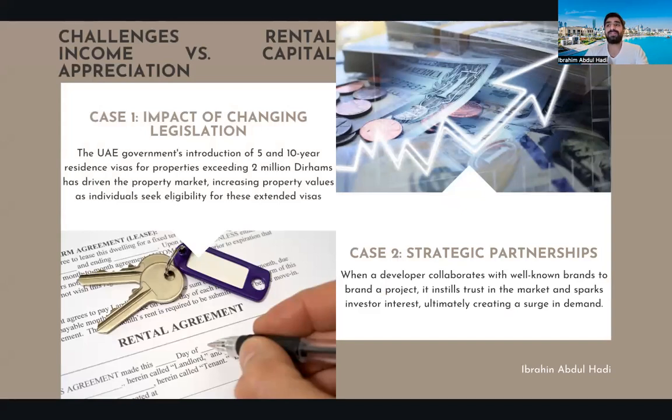When we talk about these three aspects, due diligence, the partnership, and the market research, we need to know about the challenges for both parties. First of all, the impact of changing legislation: as I mentioned earlier, they introduced the 5 and 10 years golden visa, if the unit is over 2 million and you paid cash for the property.